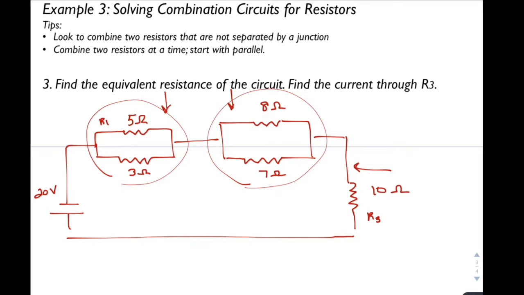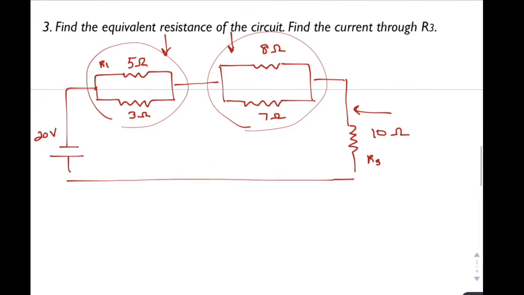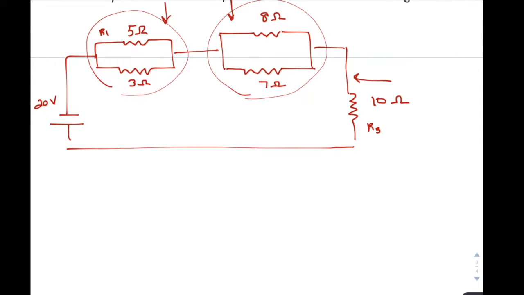So the first thing that I want to do is solve for these two parallel circuits here. From the previous video, we know that the equation for solving for the equivalent resistance of parallel circuits is R1 times R2 over R1 plus R2. So I'm going to go ahead and solve for that.